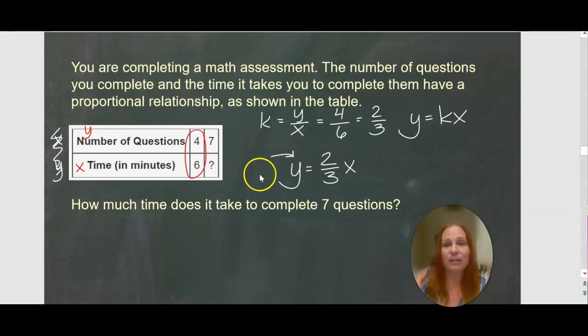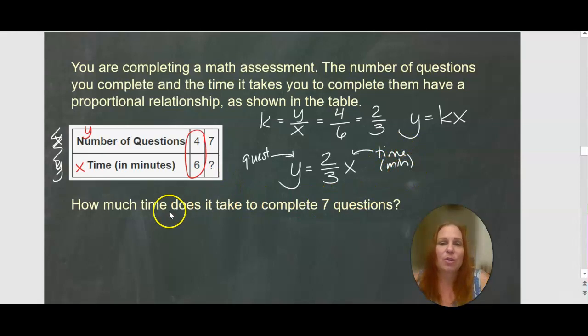All right, now, just like the other ones, I'm going to label. My y value is questions, and my x value is time, or I could write minutes. So now, when it's asking me how much time does it take to complete 7 questions, I just have to figure out, where does the 7 go? Does it go in place of the y or in place of the x?